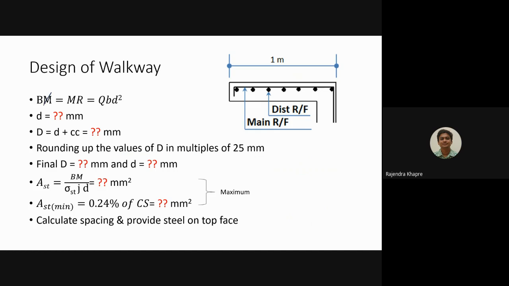Okay, so the bending moment was 3. Okay, this is 1.527, this will be 1000. What will be the value of D? Yes, what will be the value of D?